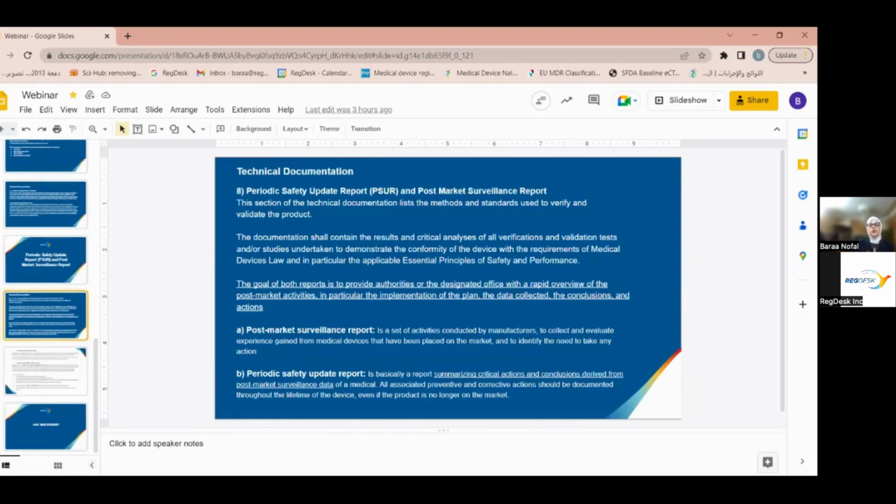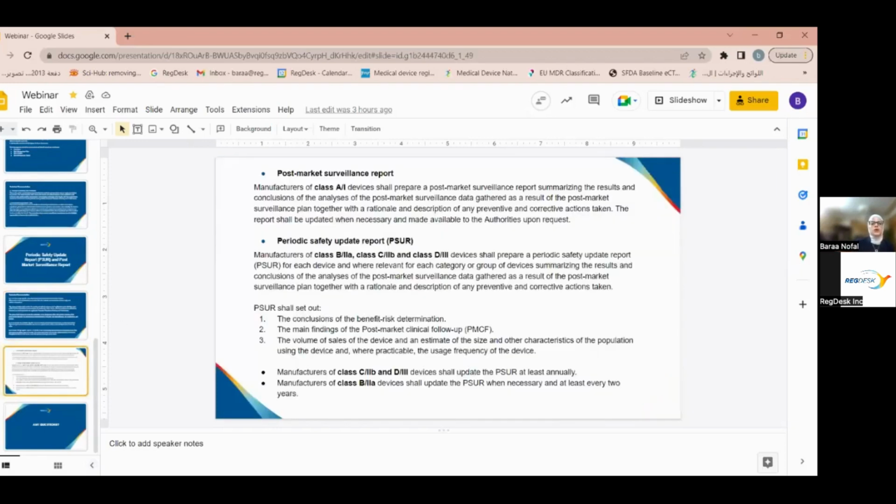This will give the authorities a summary and an eye on whether there was any defect or any serious defect in the medical devices to address, and to know what the action is to address this defect.